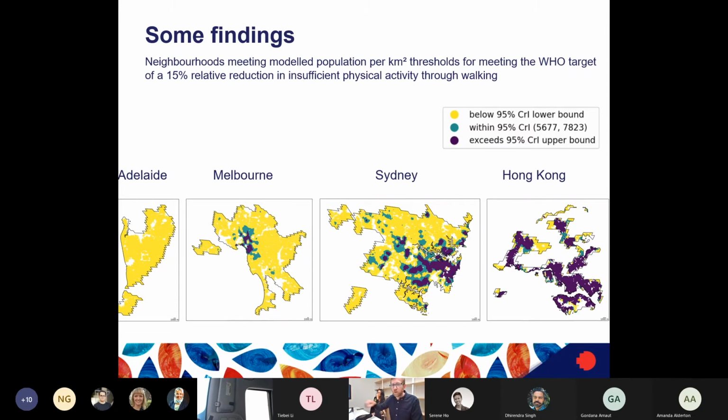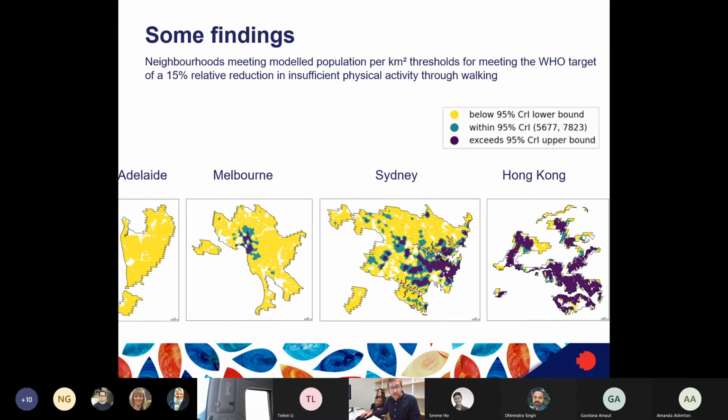So the area you could walk within 1,000 metres, within that buffered area, which you could call a local walkable neighbourhood, has a certain degree of population density. And you can see in Adelaide, actually, those local walkable neighbourhoods don't meet that threshold, according to our analysis.